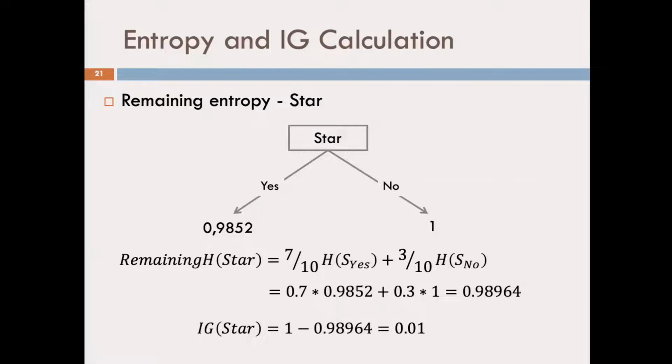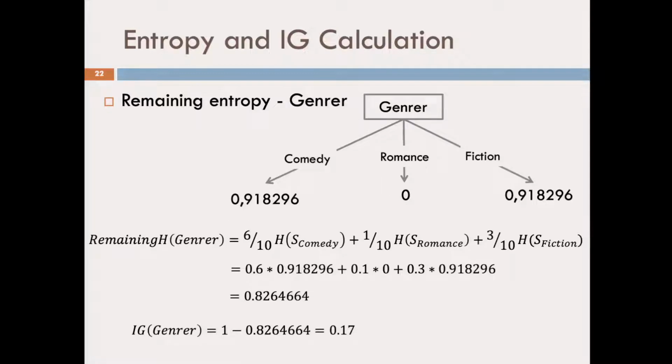So 3 divided by 10, entropy for the feature star for no. So you have 0.7 times this, plus 0.3 times 1, you have this value. So the information gain is 1 minus the remaining entropy for star, that's 0.01. So this is the information gain for star. And now we are going to do the same thing for genre.